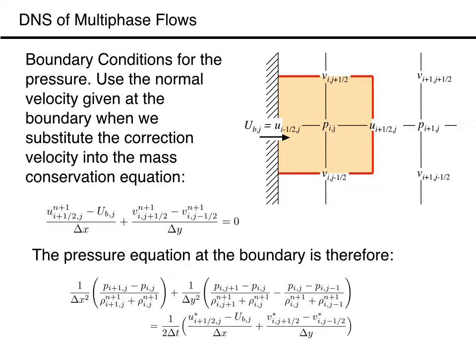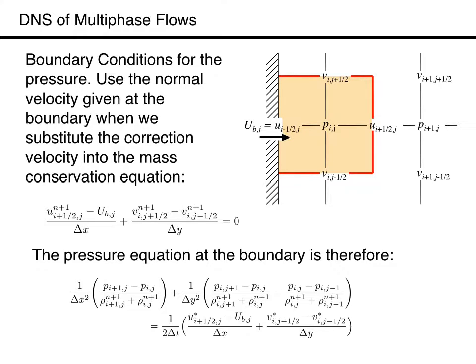Consider the control volume in the figure, where there is a given normal inflow ub through the boundary on the left. Since the velocity through the boundary is known, we can modify the incompressibility conditions, including ub. The pressure equation is then derived in the usual way by replacing the unknown velocities in the incompressibility condition with the expression for the corrected velocity, stating that the corrected or final velocities are the predicted velocities plus the discrete pressure gradient.